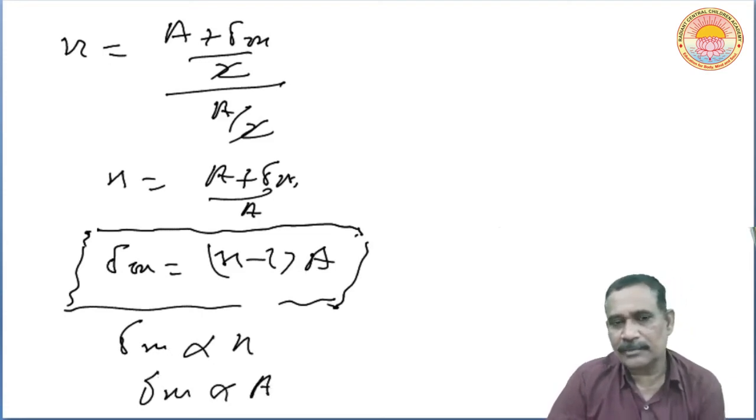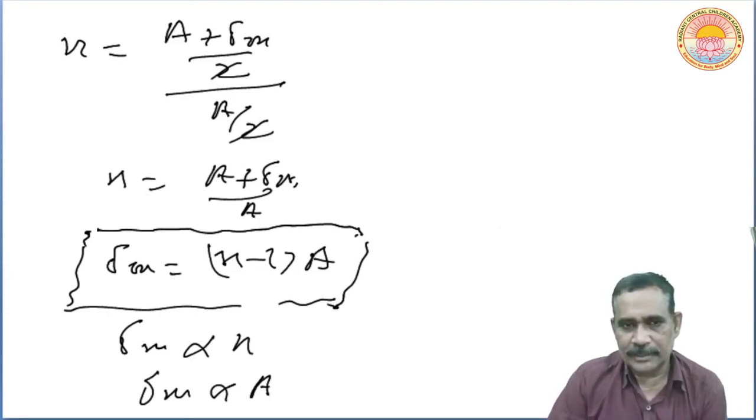This formula explains why violet color is deviated more towards the base of the prism than red color when white light passes through the prism. The refractive index of violet color is larger, so it deviates more towards the base of the prism.